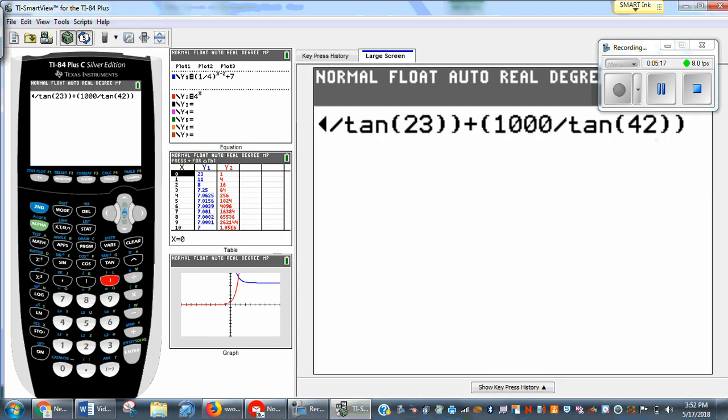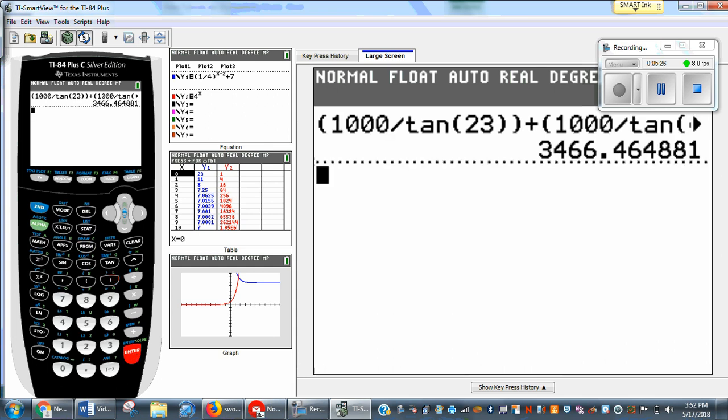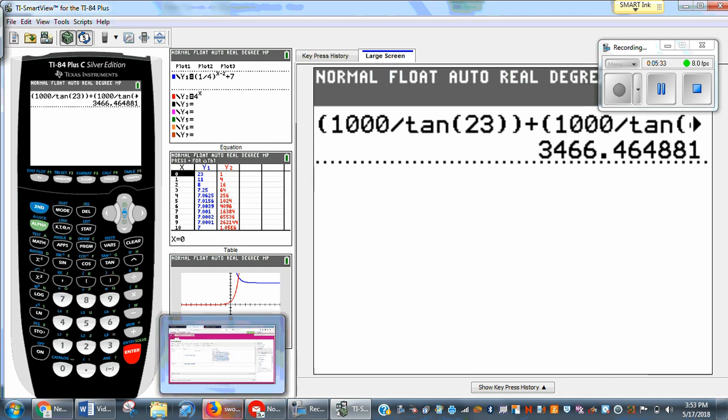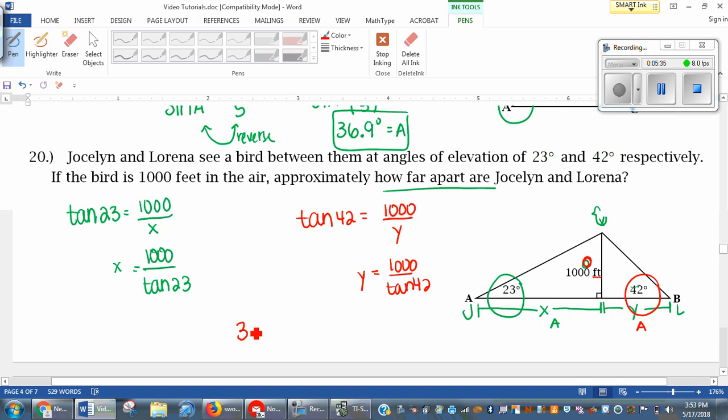Just make sure you have two ending parentheses there so that you're not only closing up the 42, but you're closing up the fraction with the 1,000 in there. So we're getting 3,466.5. And if the units were feet, we're going to stick with the units of feet. We had to add them.